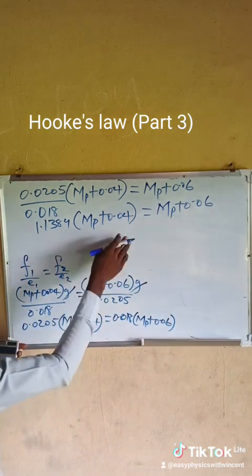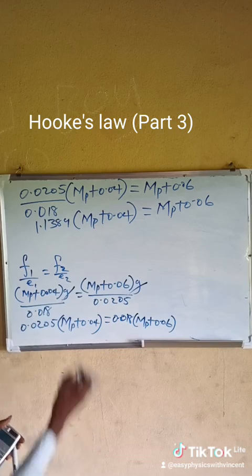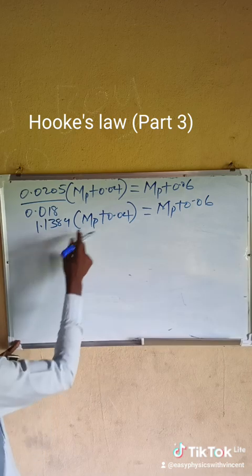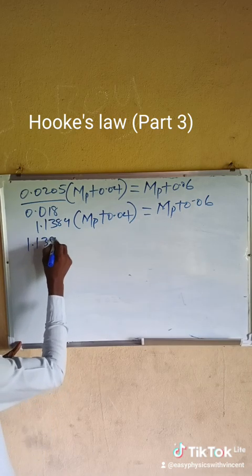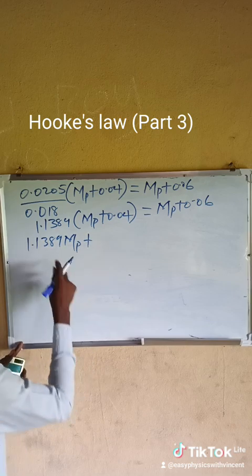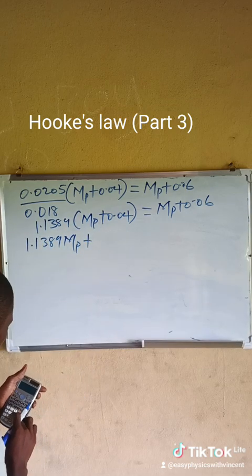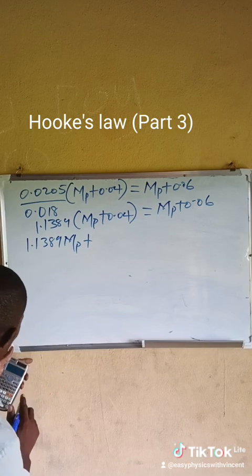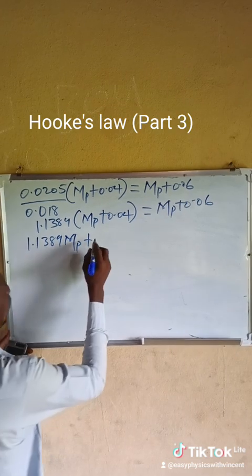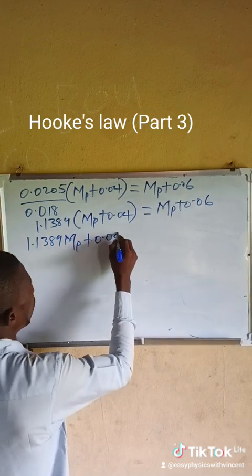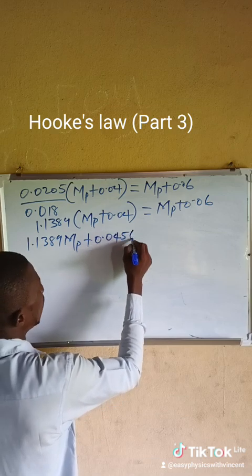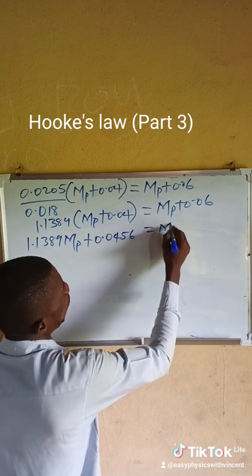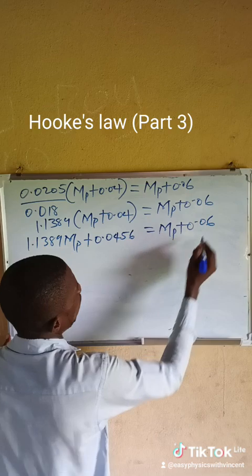And I'm going to multiply everything. If I do the multiplication, this will multiply by this, 1.1389 MP, plus this one will multiply by this, that is times 0.04, which gives 0.0456, is equal to MP plus 0.06.